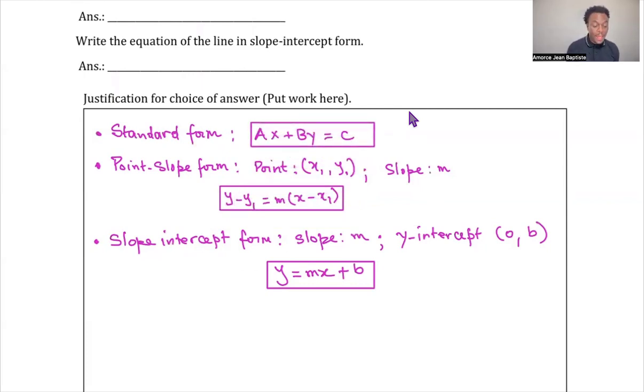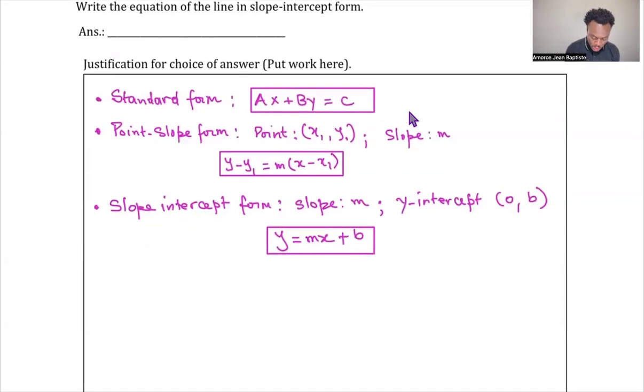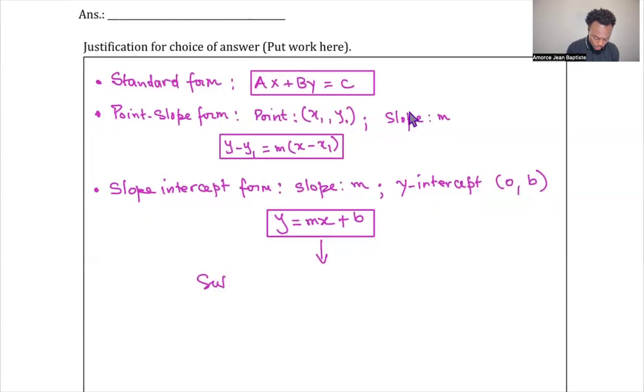And then finally, since we are talking linear functions, we can write the slope intercept form in function notation by replacing y. We substitute y by f of x or h of x or g of x or any letter of x, equals mx plus b.